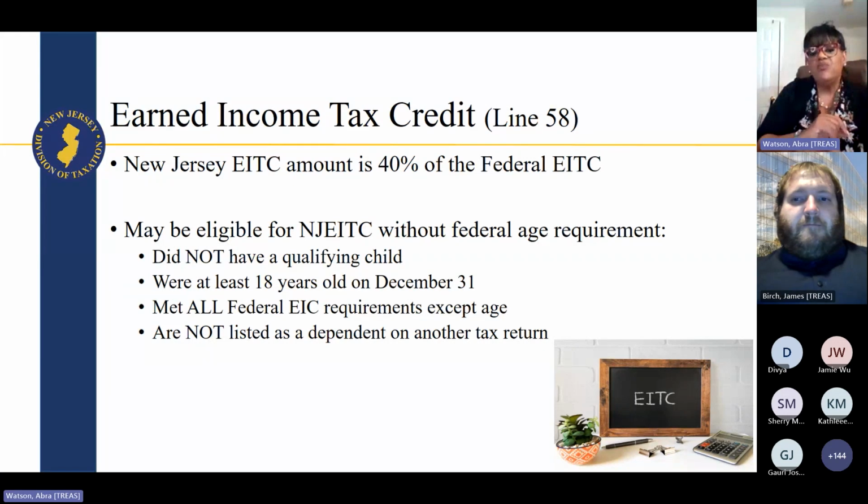As long as they weren't claimed on someone else's tax return and they met all of the other federal EIC requirements except for the age, and they were at least age 18 on the 31st, and they did not have a qualifying child, they can still qualify for the New Jersey EITC.